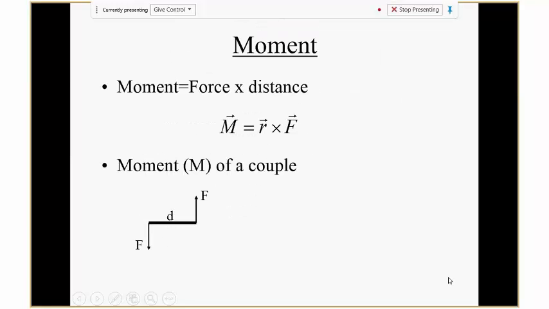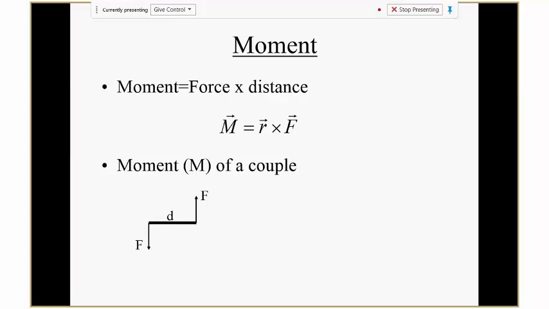When you have a force applied somewhere, and you look away from that action line, the force times that distance will give you a moment. In general, if I say I apply a moment, what does that mean? That means I can apply a pair of forces, in opposite directions, same magnitude, but not along the same line. Then you're going to generate a moment. A moment is basically the force times the distance between the two action lines.